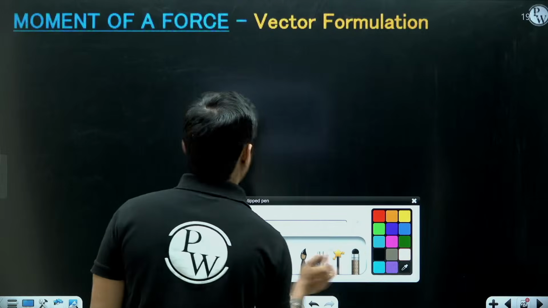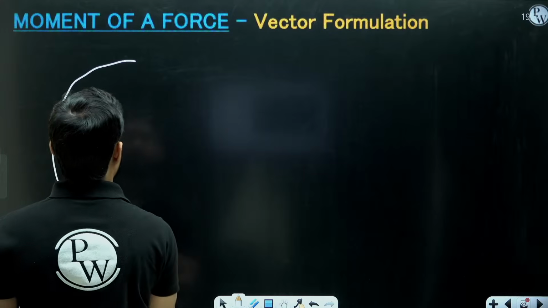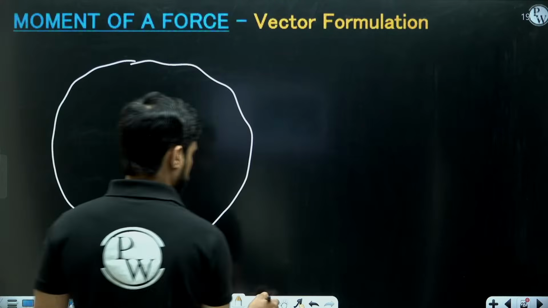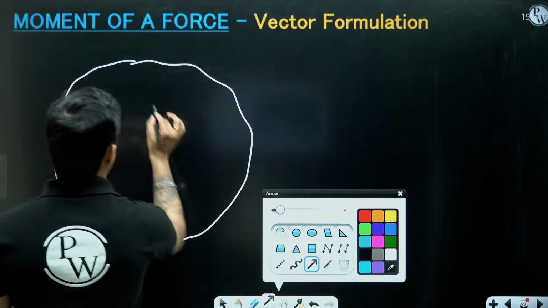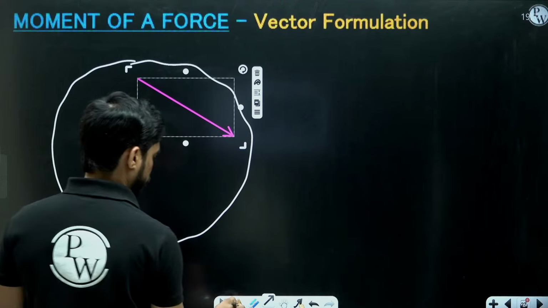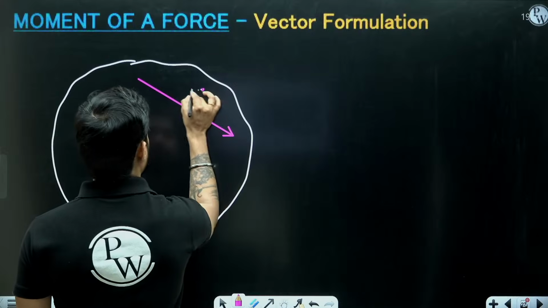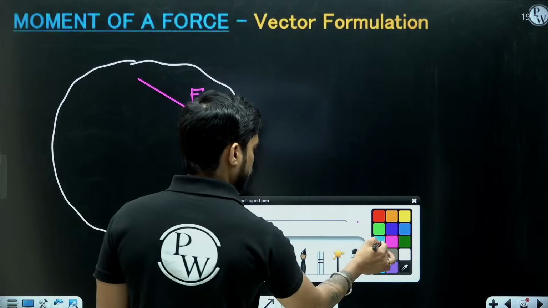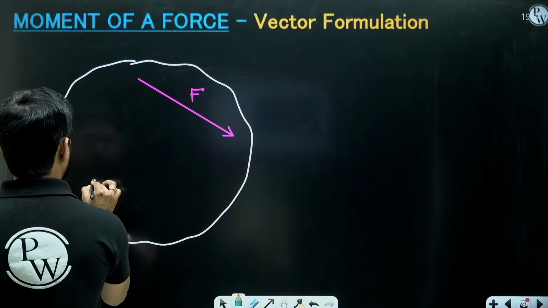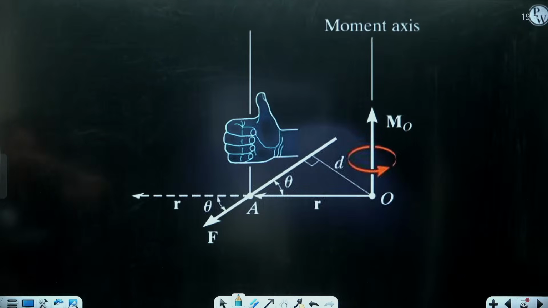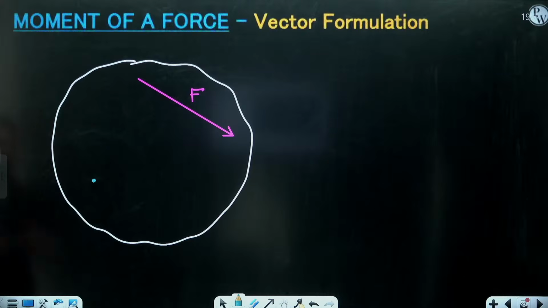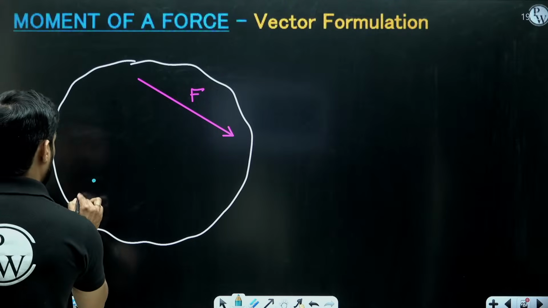Let's say this is a body and there is a force F like this. And we need to calculate the moment of this force about some point. Let's say this is the point O.